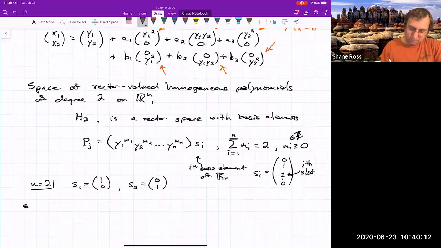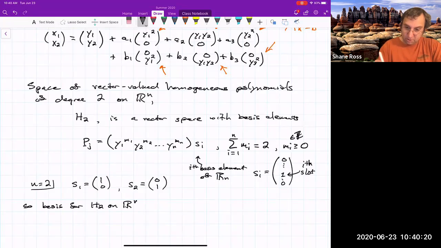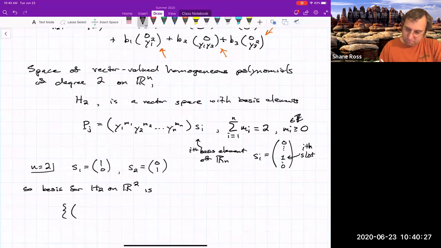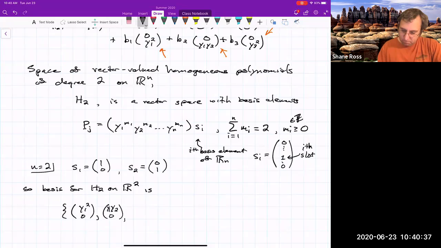So the basis for H2 on R2 is this collection: y1 squared, y1 times y2, y2 squared, and then the same for the second slot.